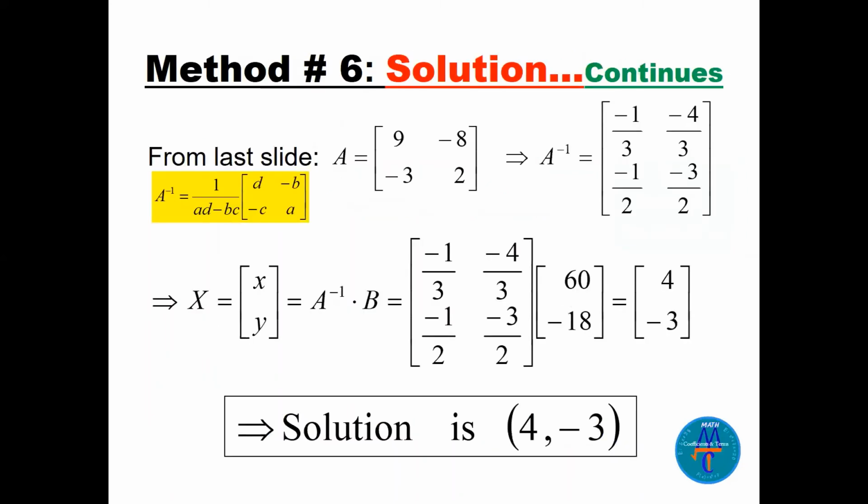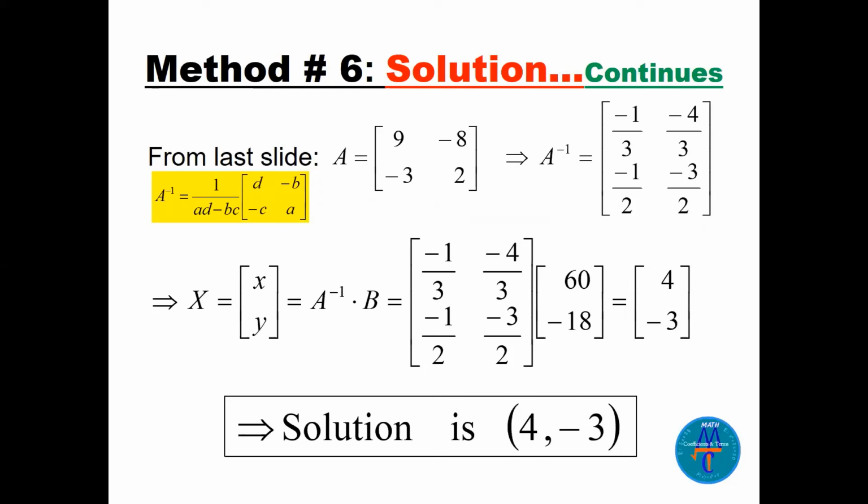This is the formula from the last slide. We have A, 9, minus 8, minus 3, 2. And then A inverse, I wrote the formula here in yellow. You can use it if you did not memorize it. A inverse will be minus 1 over 3, minus 4 over 3, minus half, minus 3 over 2. Multiply this A inverse by B, which is 60, minus 18. When you multiply matrices, you multiply row by column.